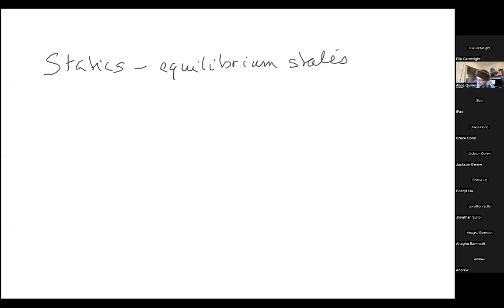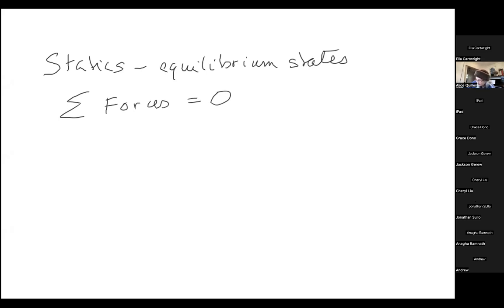Okay, so we're continuing on the topic of statics, what I call statics. These are basically finding equilibrium states. By equilibrium states, we mean the sum of all the forces on something is 0, and that means there's no acceleration. That's true for every piece of the system.